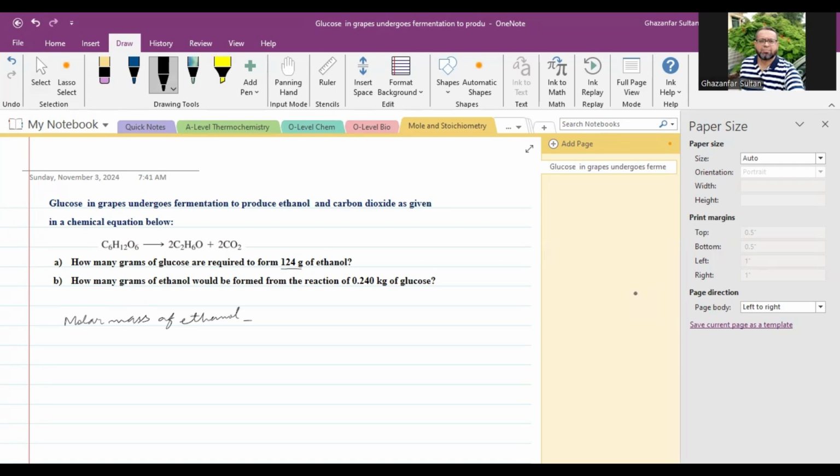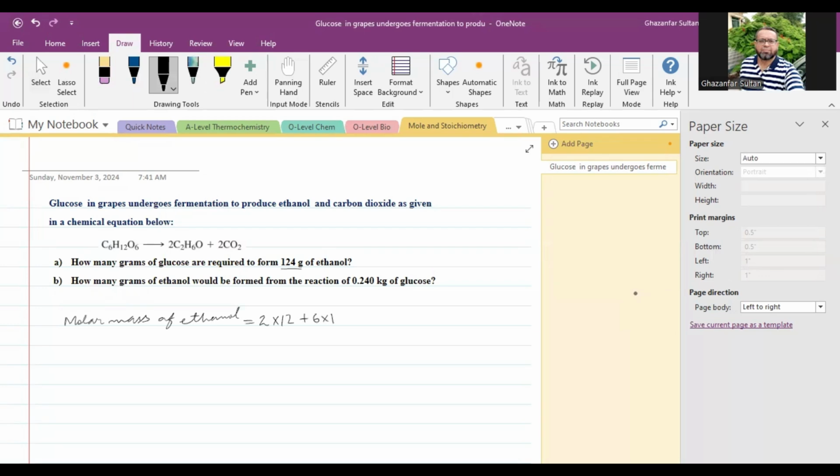For calculating the molar mass of ethanol, see there are two atoms of carbon. Forget this, this is the coefficient. It shows the number of moles in the balanced chemical equation. So the formula is only C2H6O. There are two carbon atoms, so multiply by 12, plus 6 hydrogen atoms, so multiply with 1.